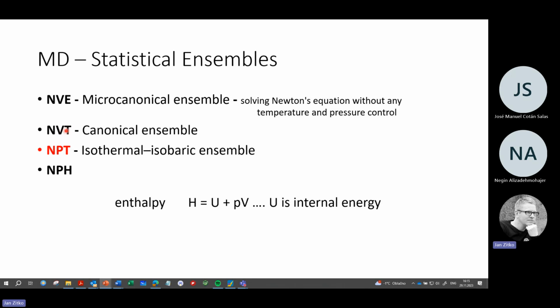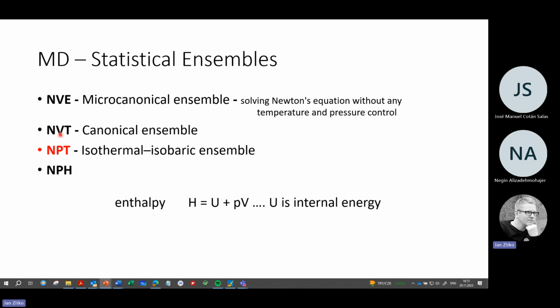What it means is that we cannot control the pressure, because if you change the volume, with the same number of particles, let's say your volume of the box is decreased.